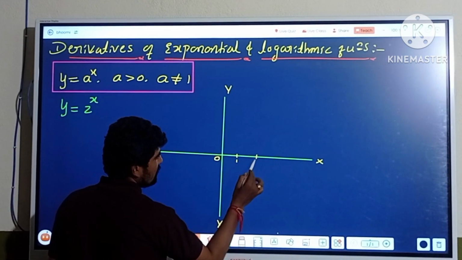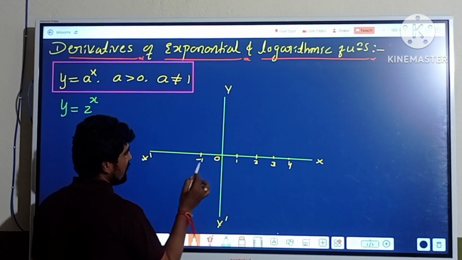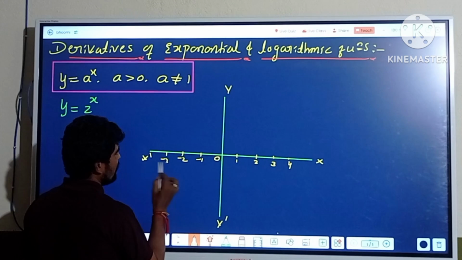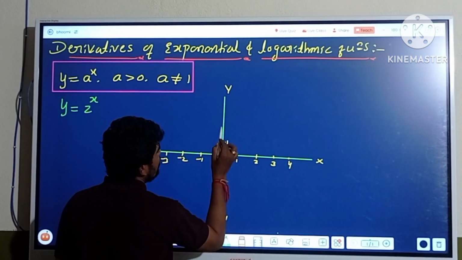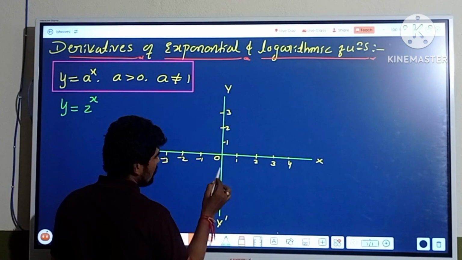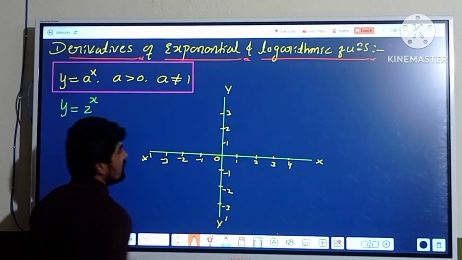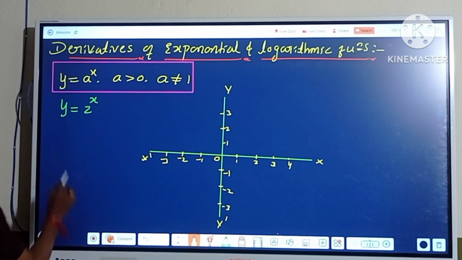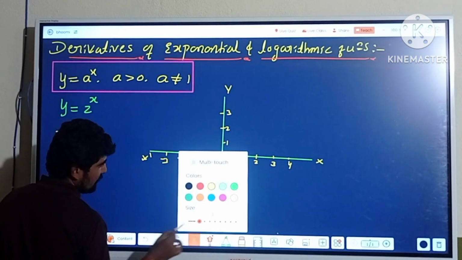So, 1, 2, 3, 4, and to the left of the origin minus 1, minus 2, minus 3, and above the origin 1, 2, 3, and below the origin minus 1, minus 2, minus 3. These are the values of x and these are the values of y.